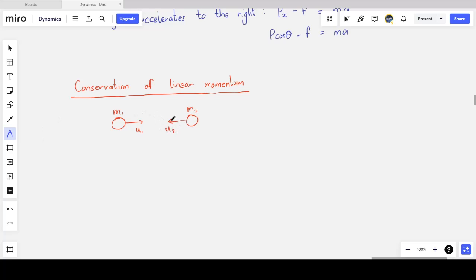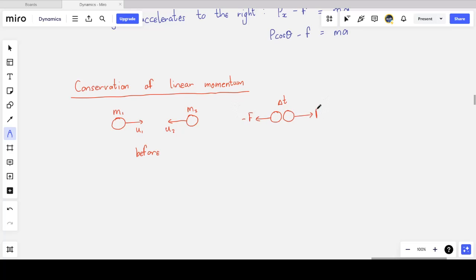I'm not drawing these vectors to scale, I'm just drawing the arrows showing the direction. And this is two balls moving toward each other. Maybe we roll them towards each other, and then they collide. And when they collide over a time delta t, they both feel an equal and opposite force, because Uncle Newton said so.